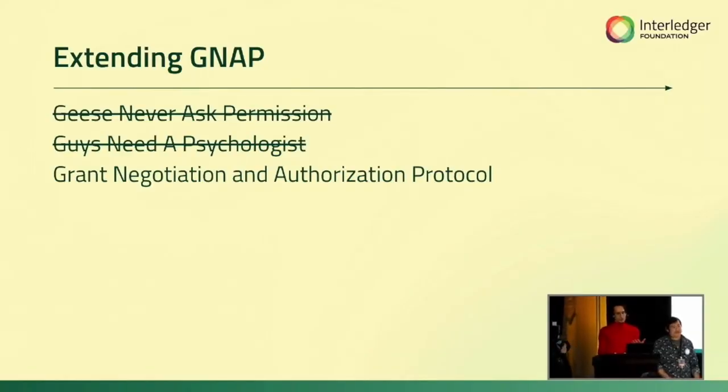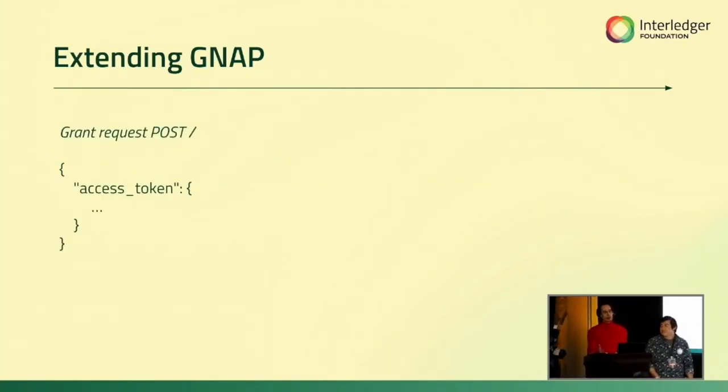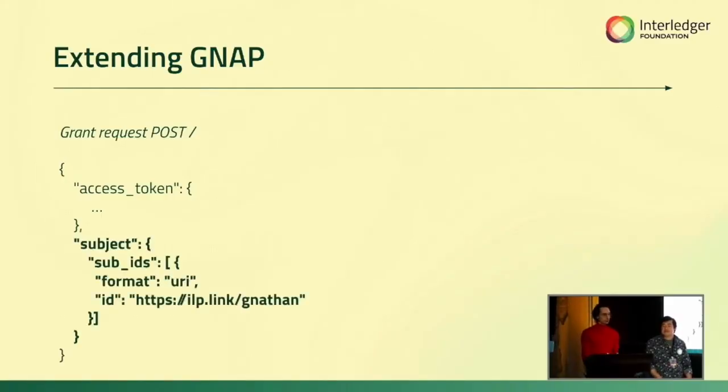And what we did is we just went through the specs, and all we had to do was really extend it. So before, when the client wanted to make a payment request, they would need access to make those payments. And now in GNAP, you can just add the subject field.